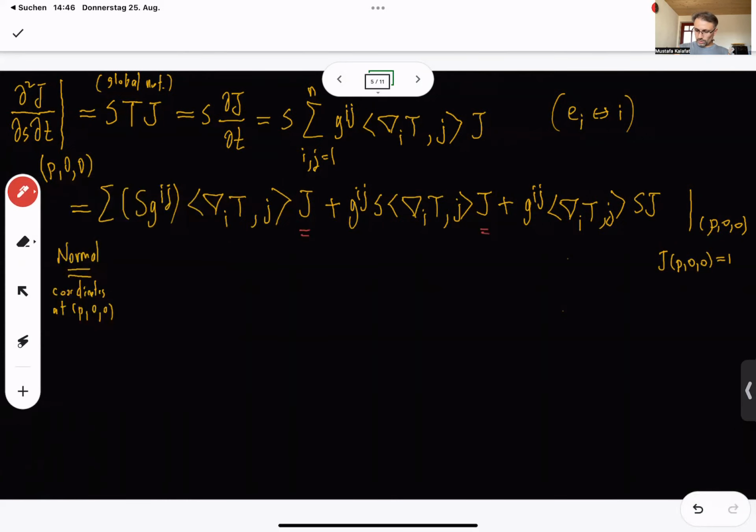These two J's are going to disappear in the next step, because they're going to be 1. And we're going to have a more simplified one.